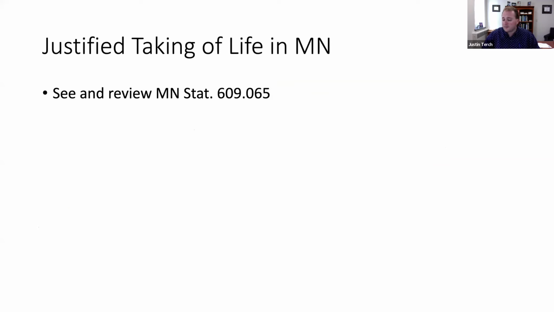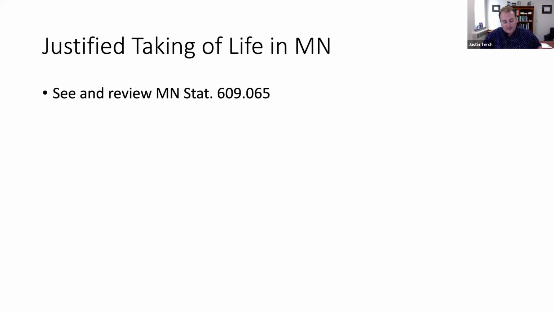Minnesota law has a separate statute for the use of deadly force. They call it justifiable taking of life. It's one paragraph, actually one sentence, and I'll read it now, and then we'll talk about some of the case law that's developed around that concept.